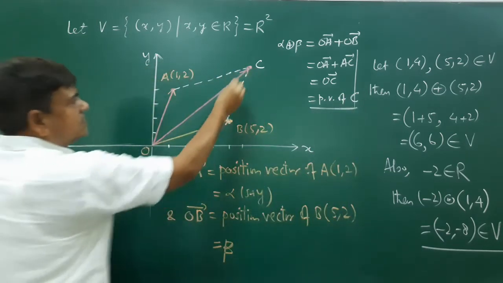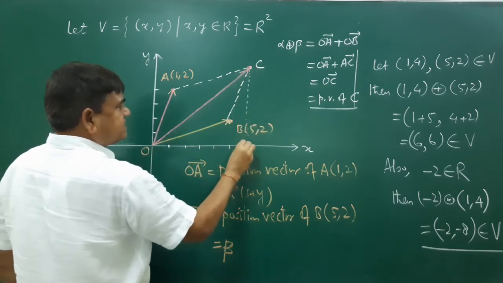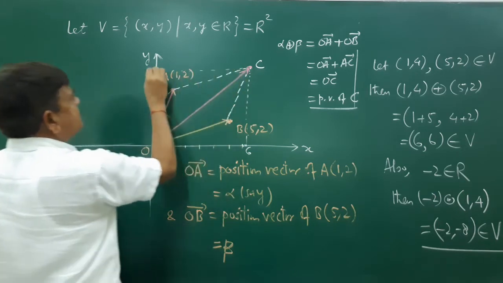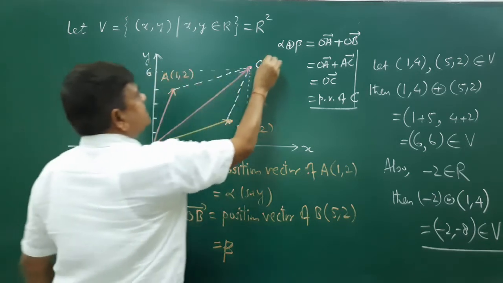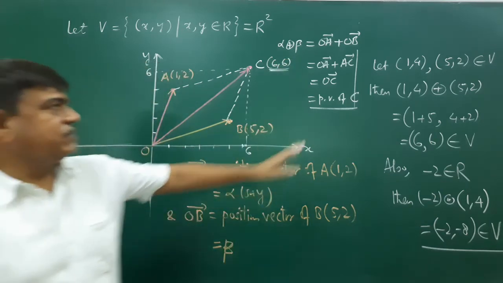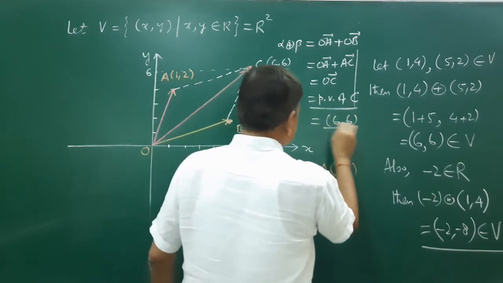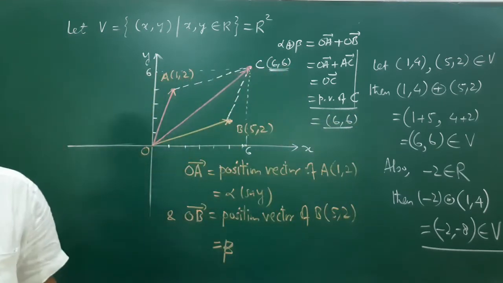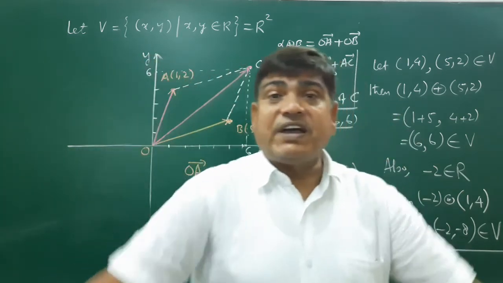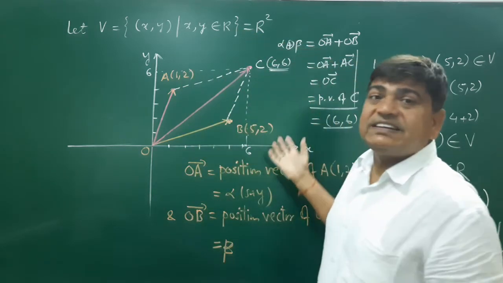If you find the position of this one, you will see that it is 6, and this side you find also 6. This is (6, 6), the position vector of C. So actually we are adding component-wise, which means we are adding the position vectors.